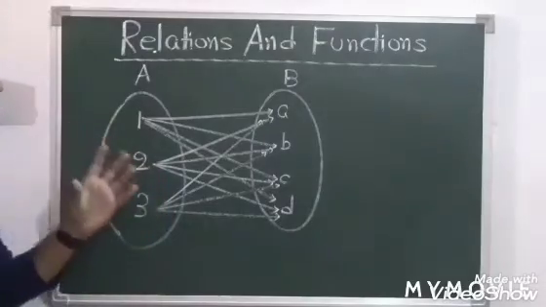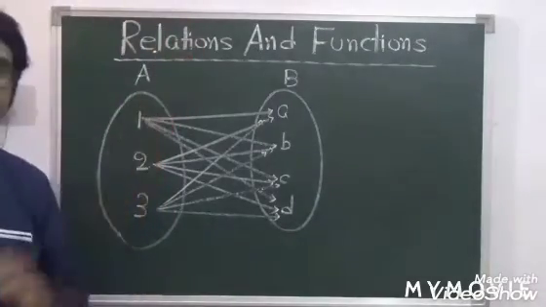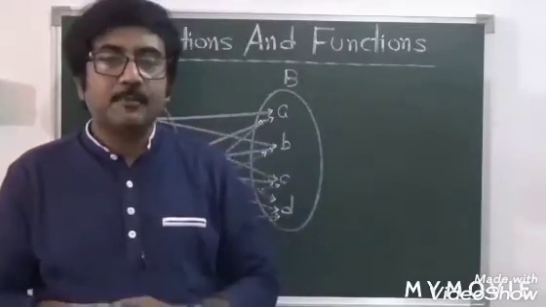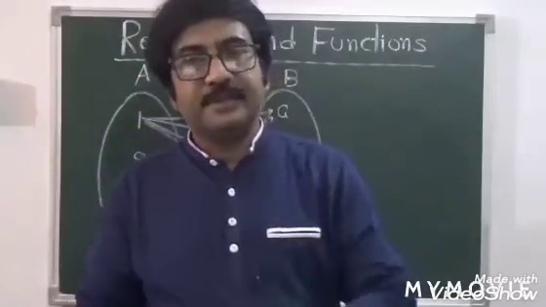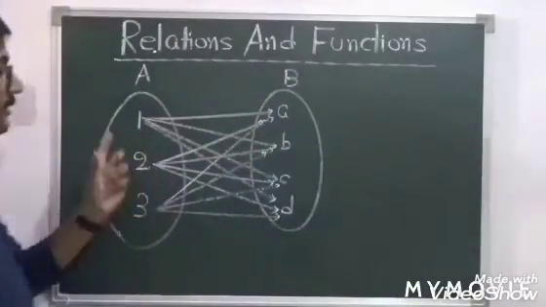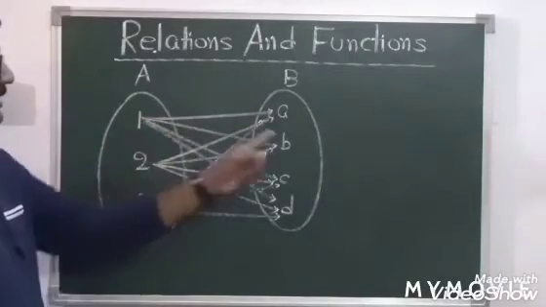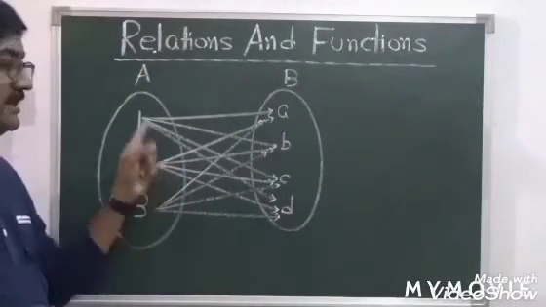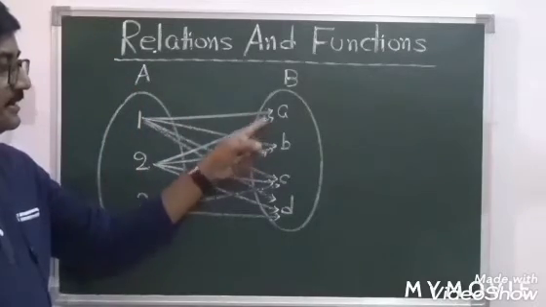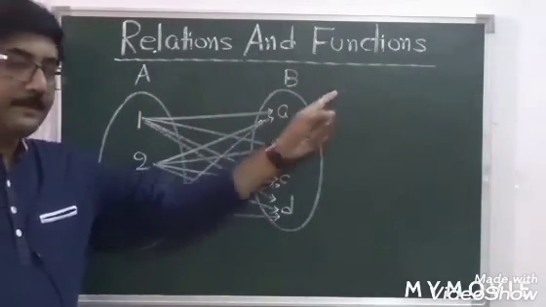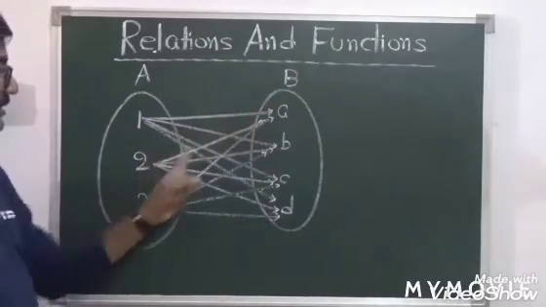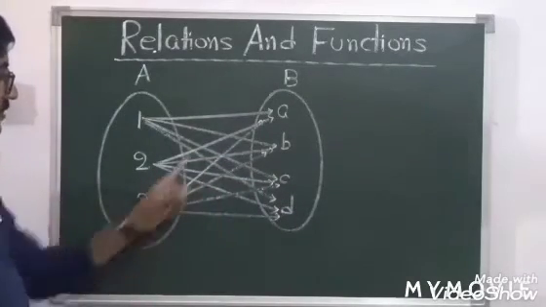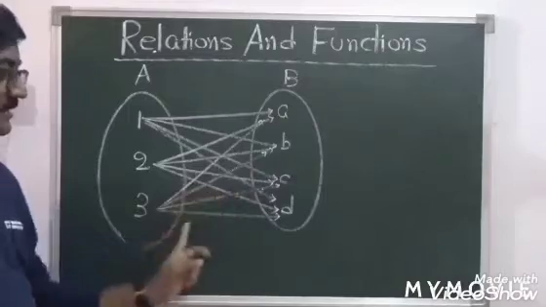So this is how we draw the Venn diagram for the Cartesian product of sets A and B, that is A cross B, moving from set A to set B, and here we are getting the ordered pairs 1a, 1b, 1c and 1d, where the first element 1 is from set A and the second element is from set B. Similarly 2a, 2b, 2c and 2d, and similarly 3a, 3b, 3c and 3d.